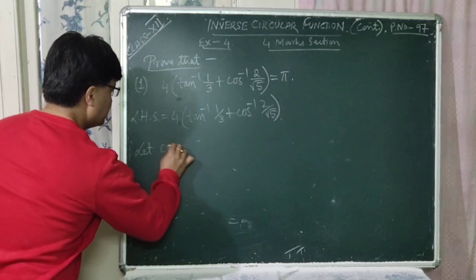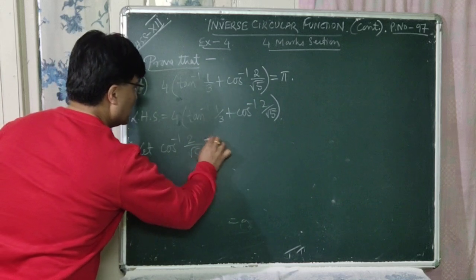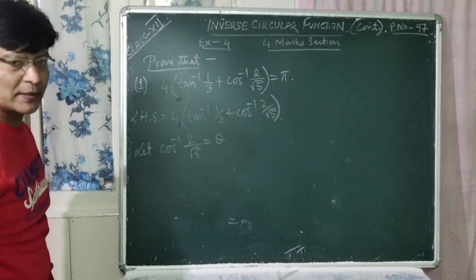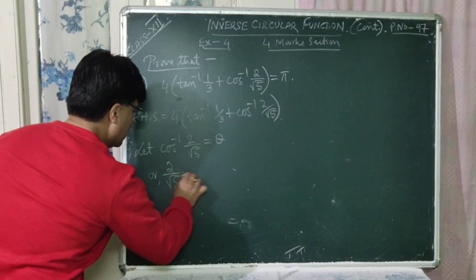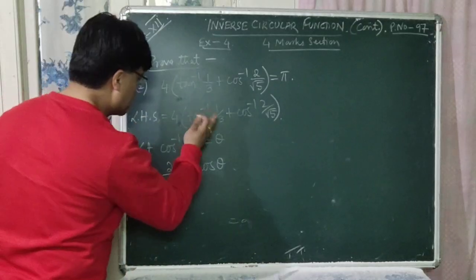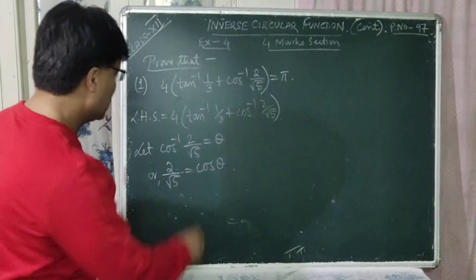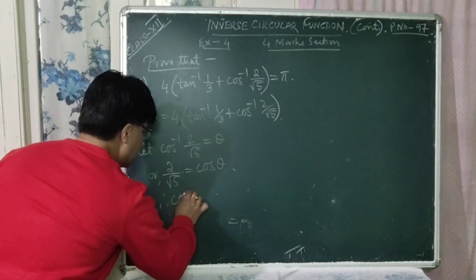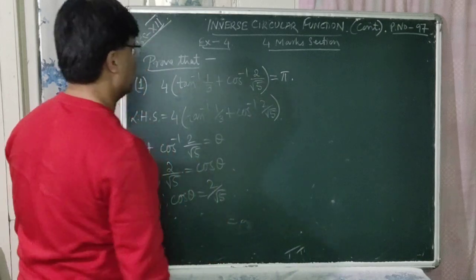Let cos inverse 2 by root 5 is equal to theta, or 2 by root 5 is equal to cos theta. When cos inverse goes to the right hand side, it becomes cos, right? So cos theta is equal to 2 by root 5.